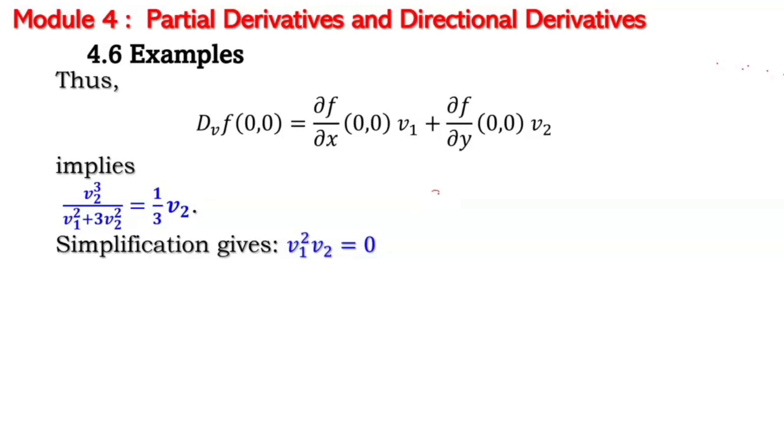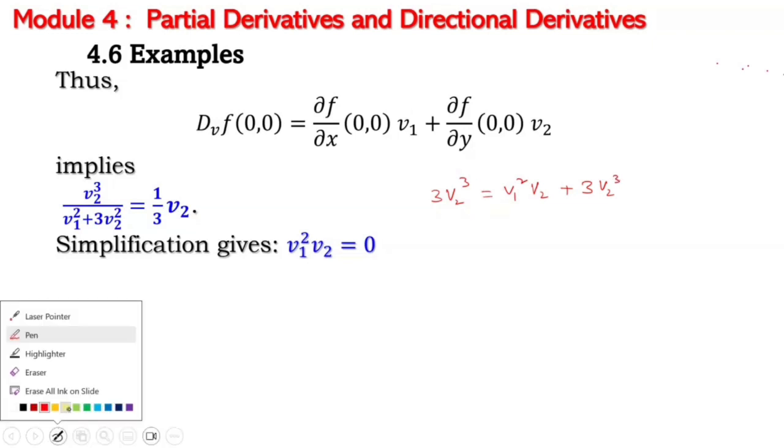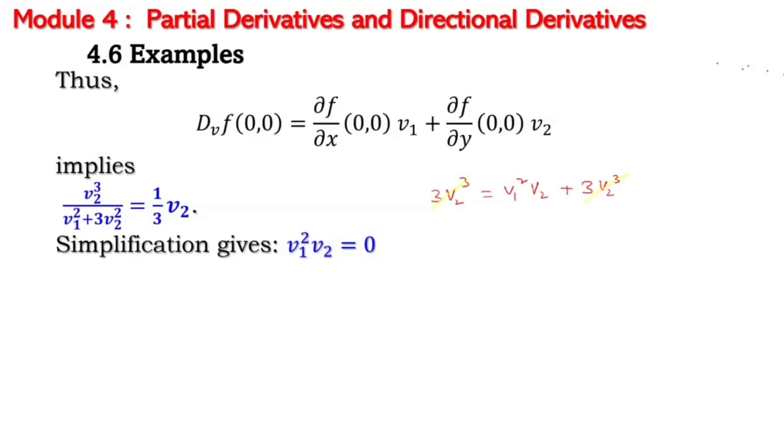If you cross multiply, you get 3 v2^3 equal to v1^2 v2 plus 3 v2^3. So this 3 v2^3 cancels out, and this implies v1^2 v2 is equal to 0.